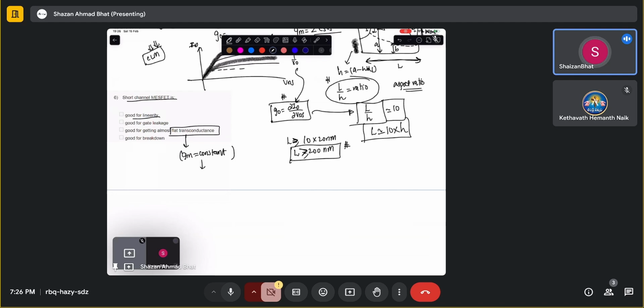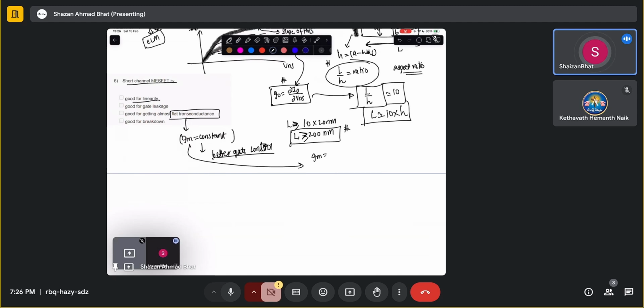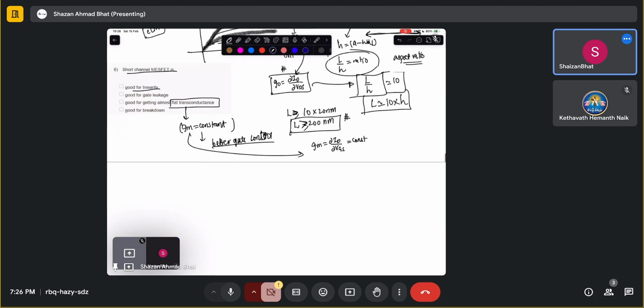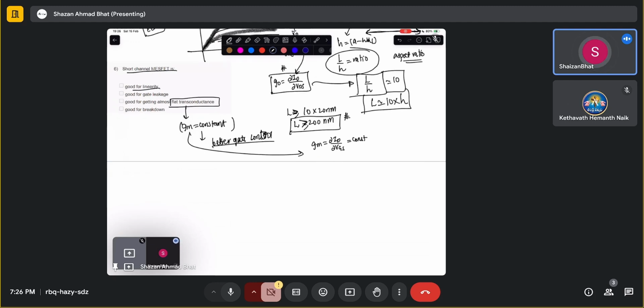It means better gate control. Well, what does it mean mathematically? Transconductance is basically dou ID by dou VGS. If this is constant, what does it mean if we have some derivative? Dou ID over dou VGS is constant. That means ID is varying.